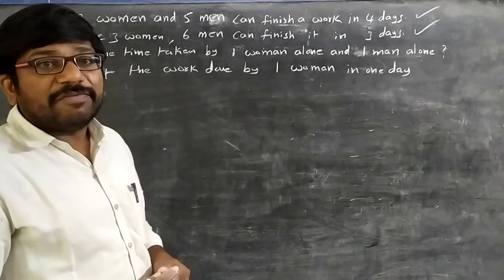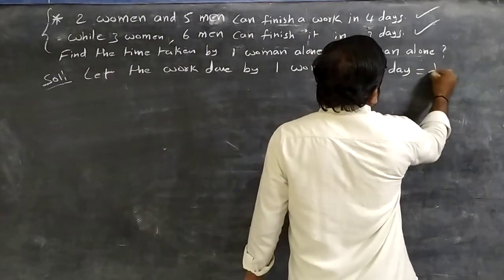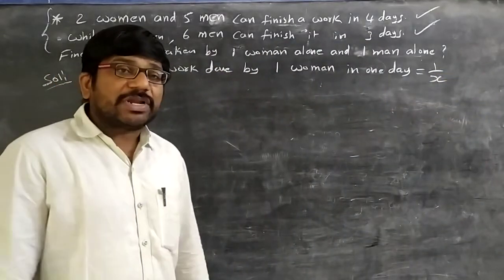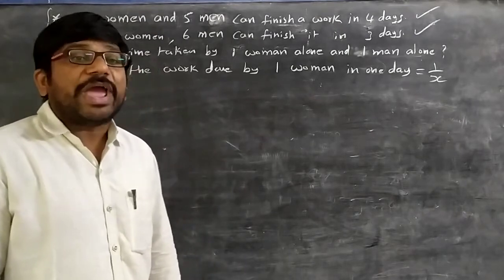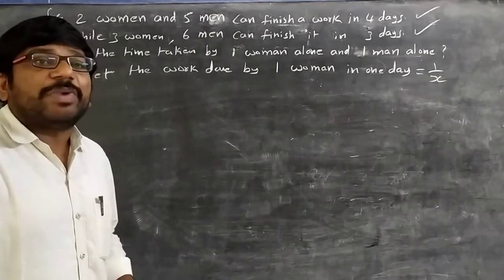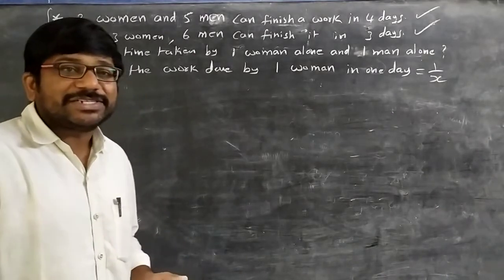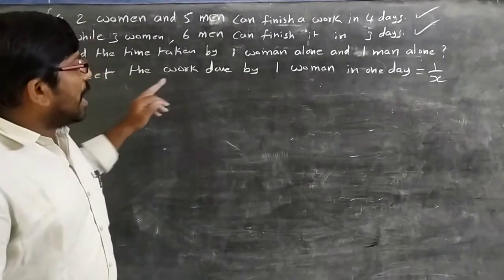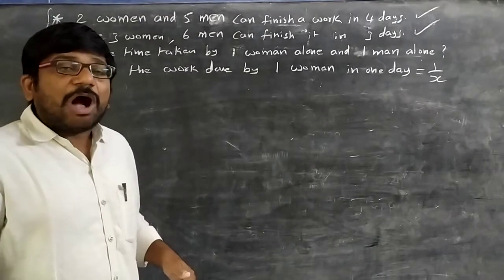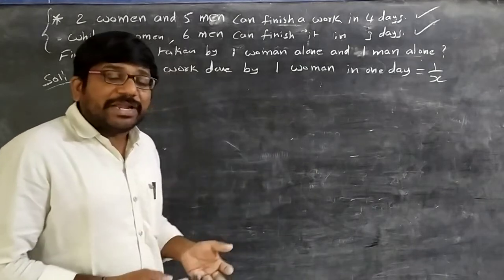That is very important. That is 1 by x. In one day, the portion of work done by one woman is 1 by x. Then how many days can one woman take to complete the work? It means x days, right? So one woman completes the work in x days, then how much does one woman complete in one day?